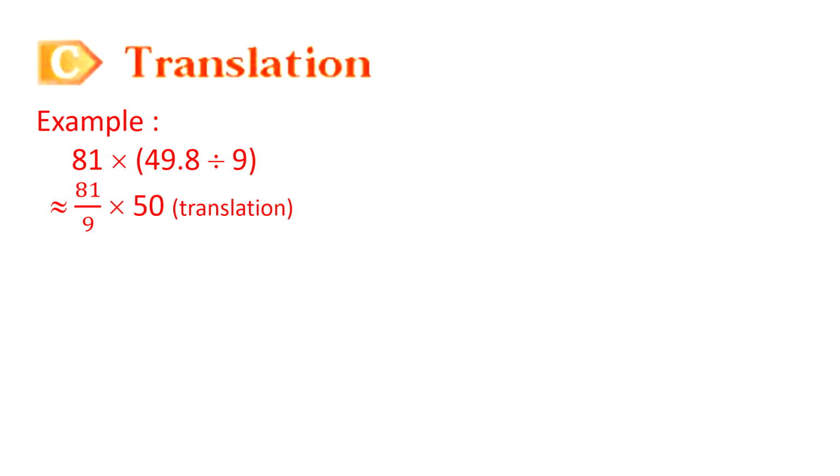We do the division part first. Okay, and then times 50. Okay, in this case, if I change the order of operation, then what we use is translation. You should do it very often in primary school.